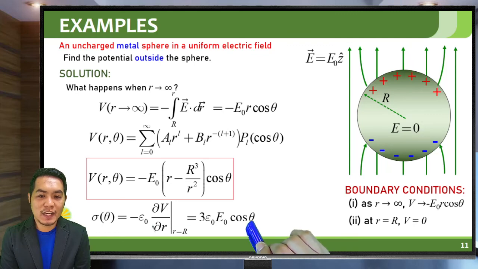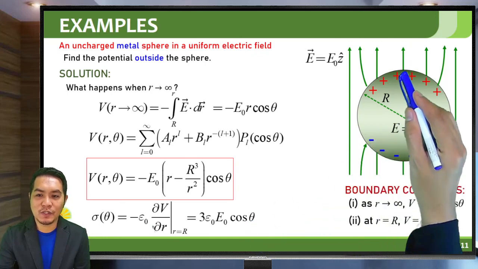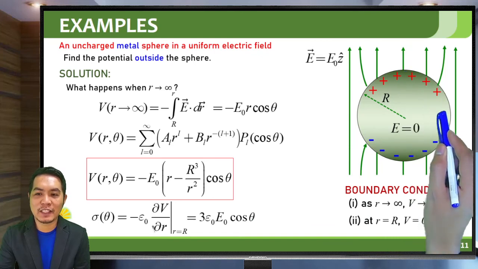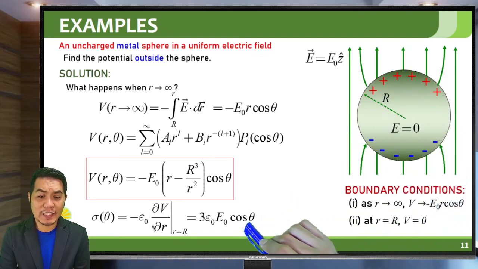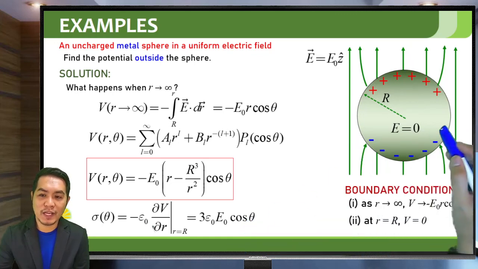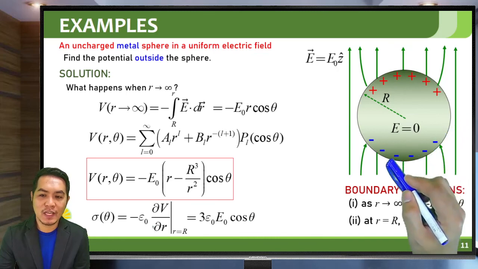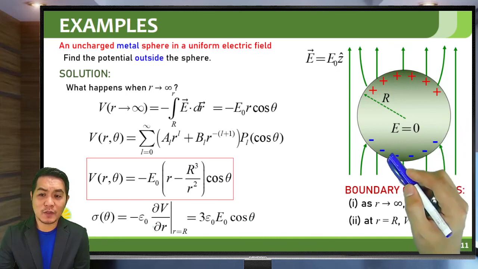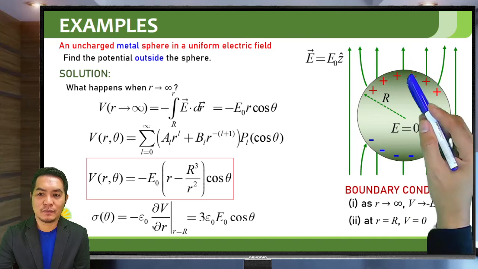When theta is between 0 and 90 degrees, the value of that cosine is positive. But when theta is between 90 degrees and 180 degrees, or pi over 2 to pi, the value of that cosine is negative.